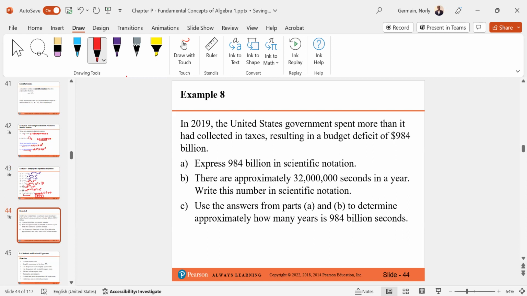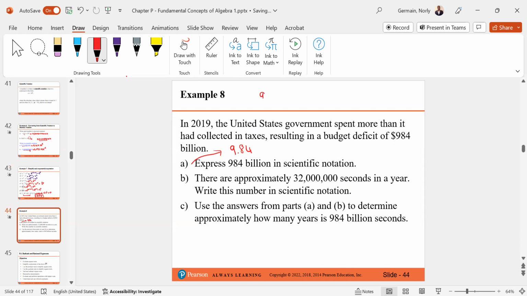So express this number in scientific notation. First of all, remember, for scientific notation, you must have only 1 digit before the decimal. So I'm going to say 9.84 because they said $984 billion.